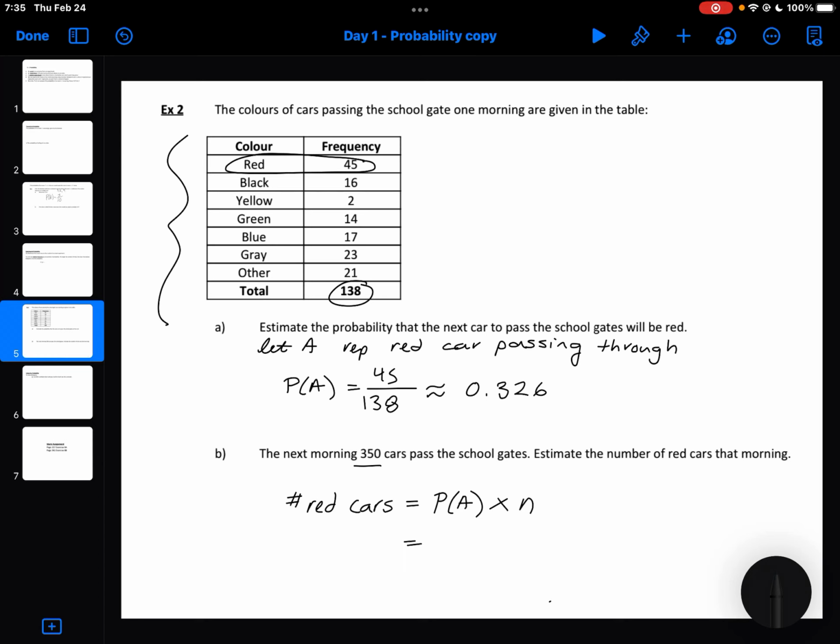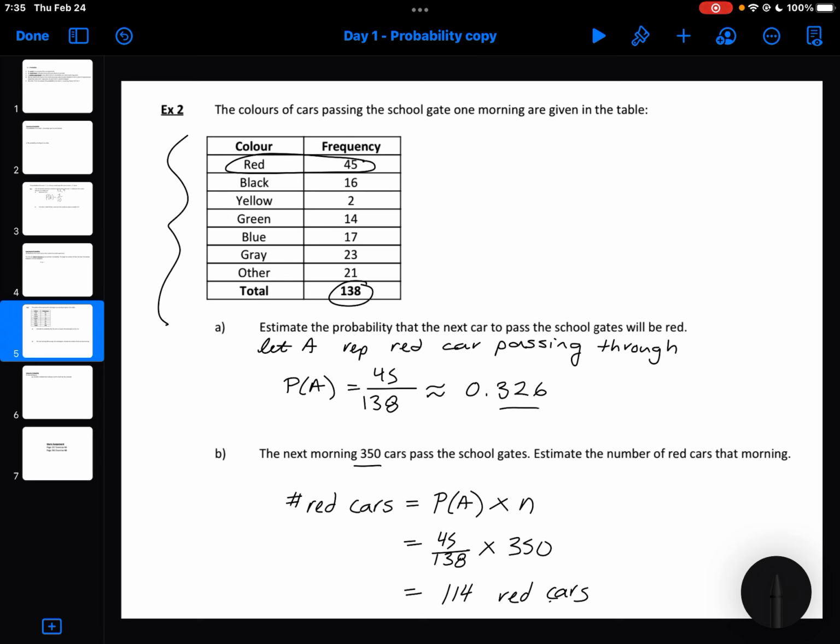Our probability we already did, that is 45 out of 138, and we multiply by 350 cars. This gives us a whole number, which means that we'd expect to see 114 red cars go through the gates the next morning, which is about a third of that total, just like we expect from our probability.